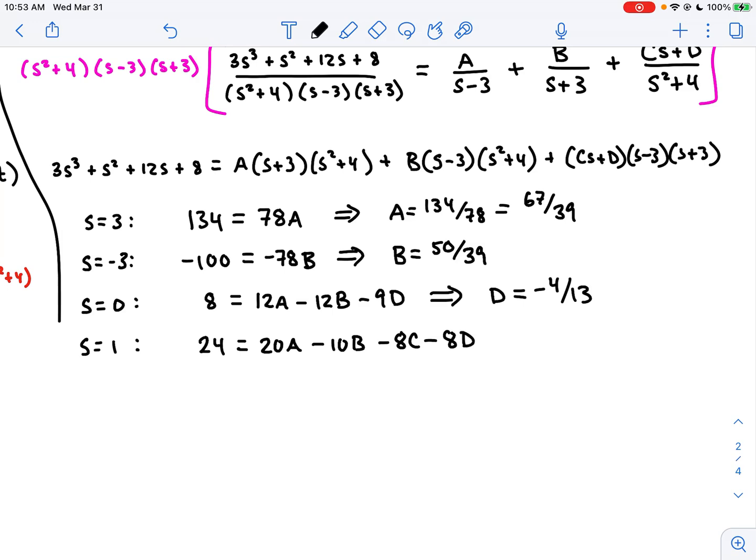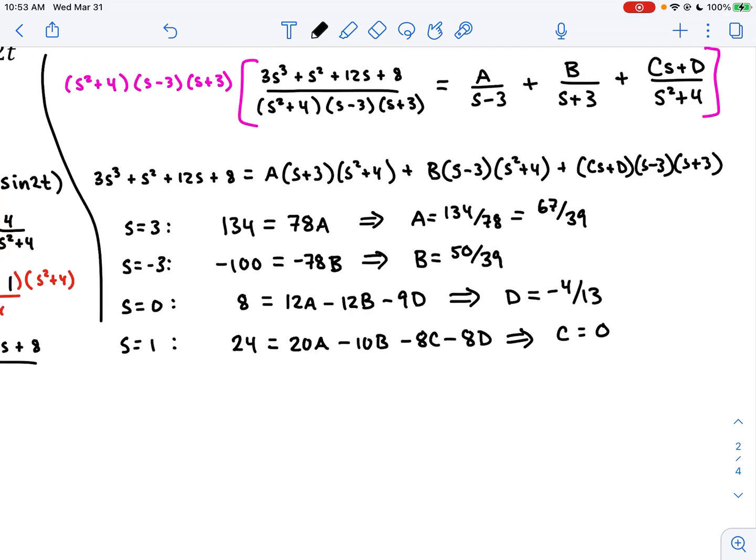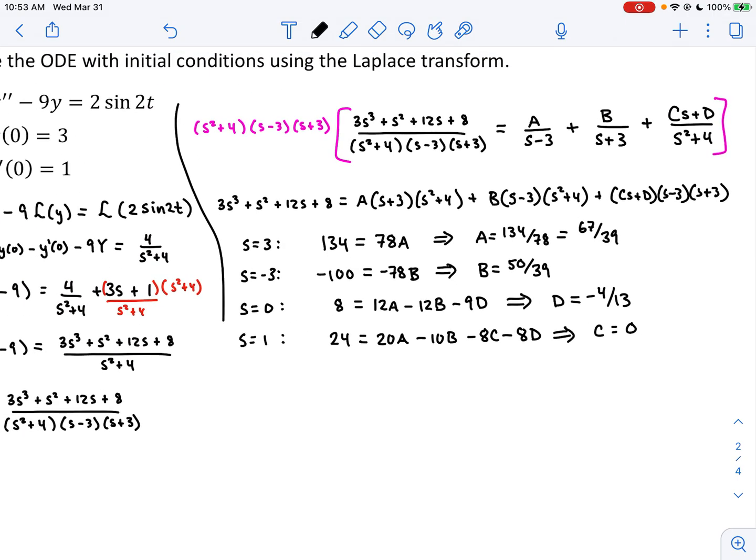And because I know what a, b, and d are, I can find c. And again, I'm going to skip ahead. I've already done this ahead of time, so I know what the c is. The c should wind up being 0, actually, in this case. And I'll let you confirm that. So there's our partial fraction decomposition finished, and we know what the a, b, c, and d are.